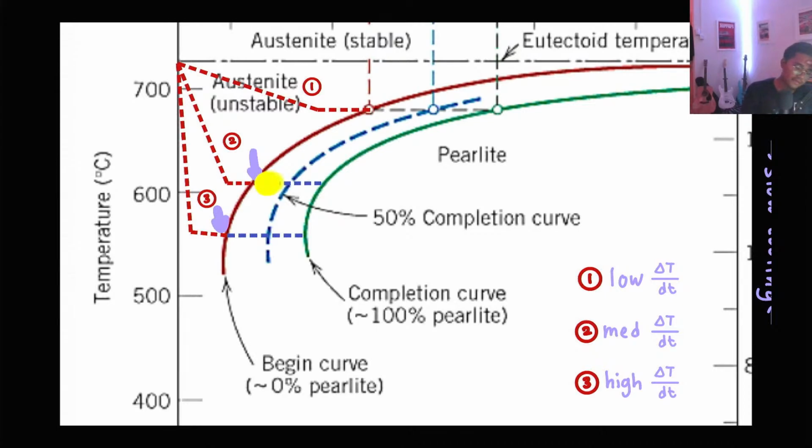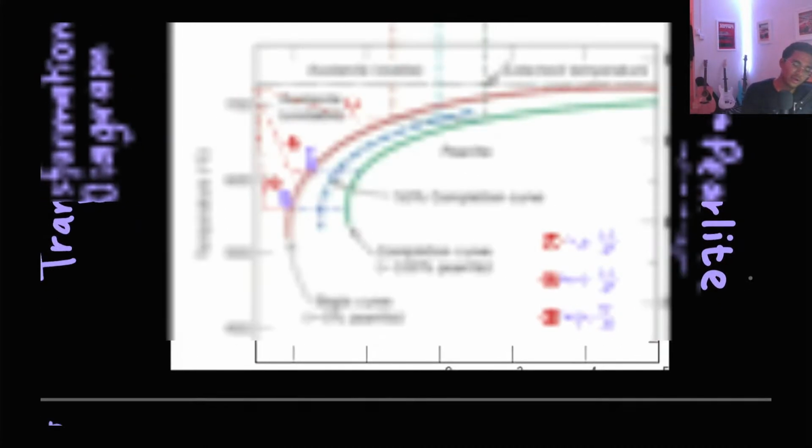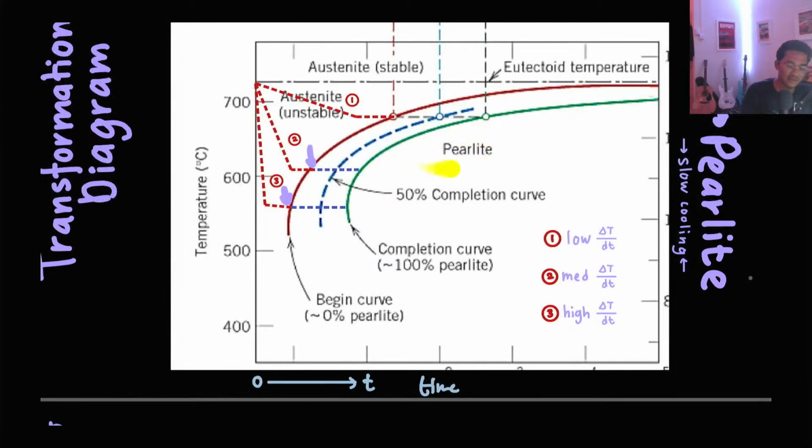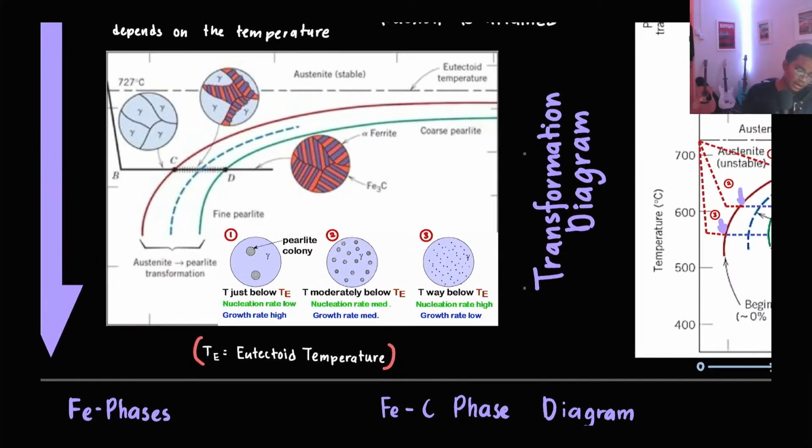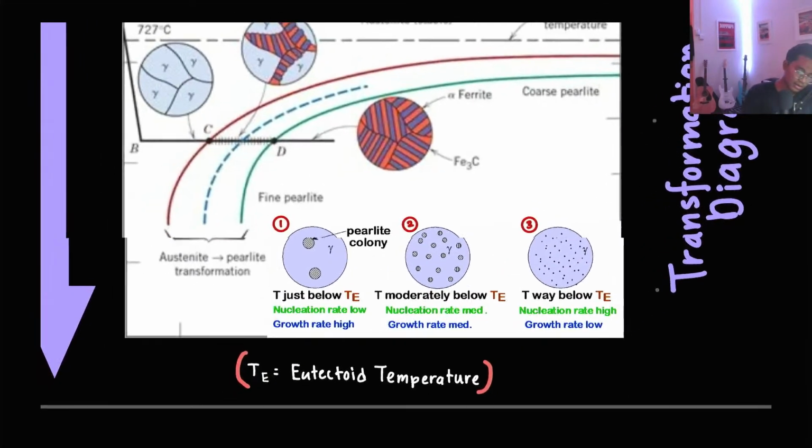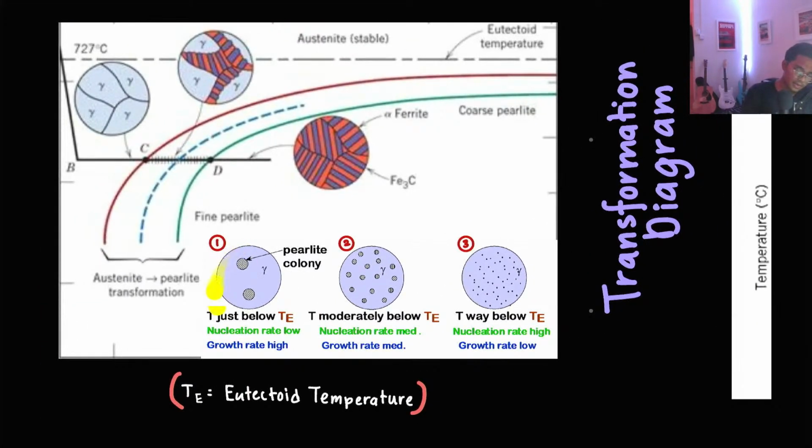So what's the difference between each of the curves, or what's the point of having different cooling rates? Because in the end you have the same composition. This is where this picture comes in.